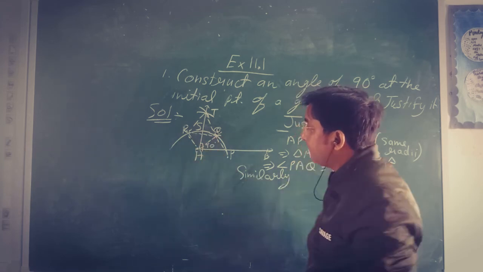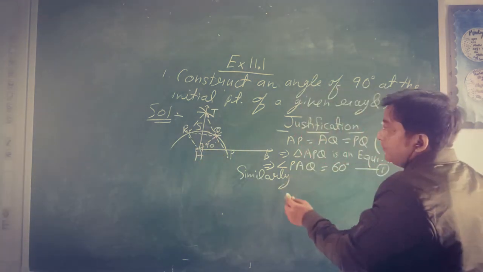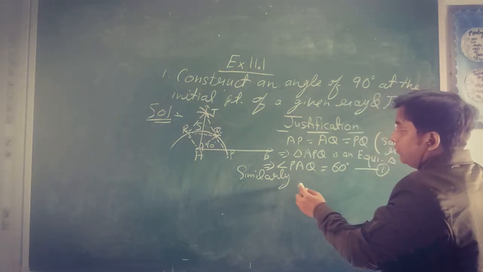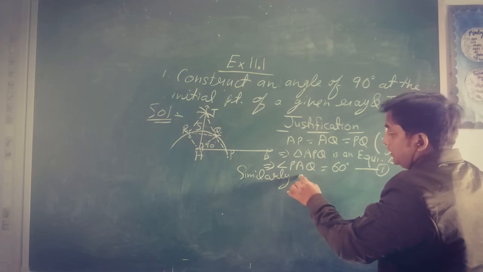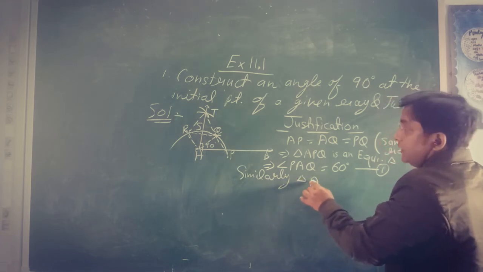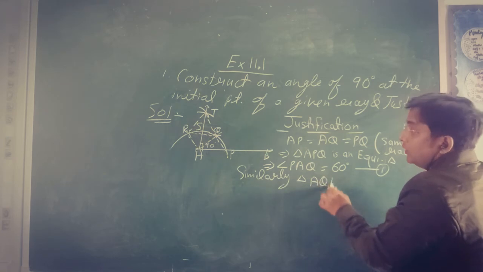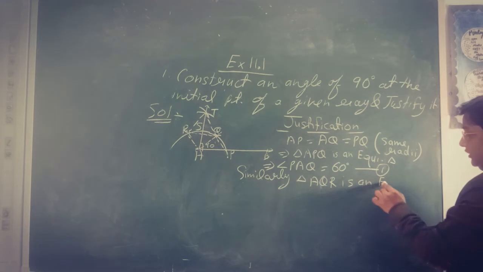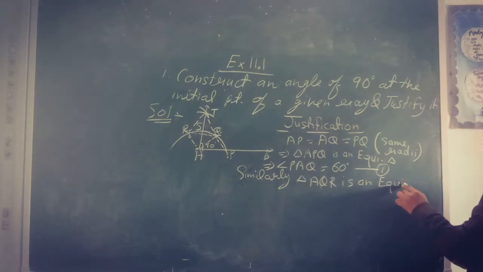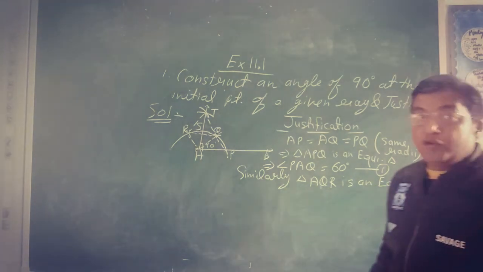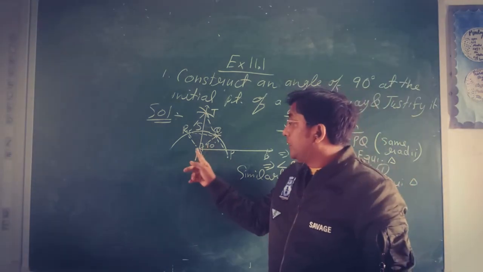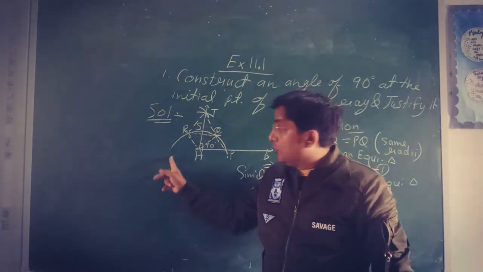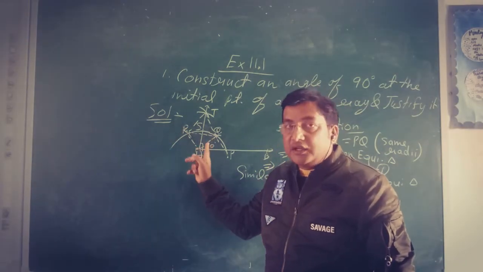So triangle AQR is an equilateral triangle. Let me clear you why it is an equilateral triangle. Look at this. From A we have drawn this arc. So any point on this arc will be equidistant.